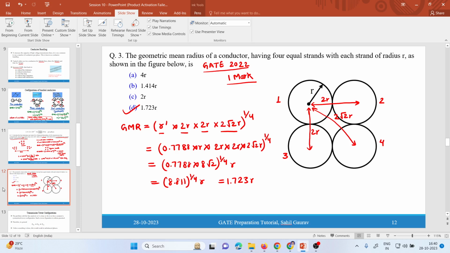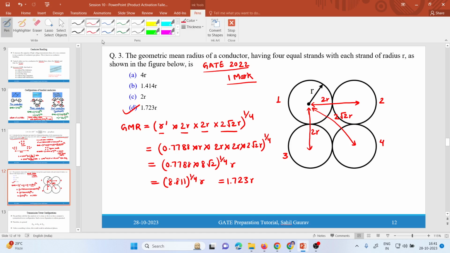I have one question here. What type of conductor do we generally use in high voltage transmission lines? Have you heard the name ACSR? Yes, sir.